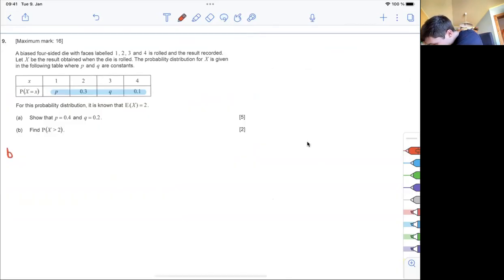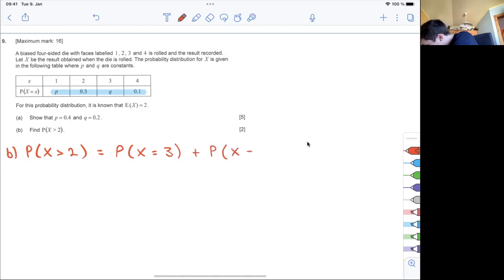And if we're finding the probability that X is greater than 2, and we have here a discrete random variable, that means the two possibilities that we need to consider are the probability that X is equal to 3, plus the probability that X is equal to 4. All right, cool. And we can quite easily get that from the q, which was 0.2.